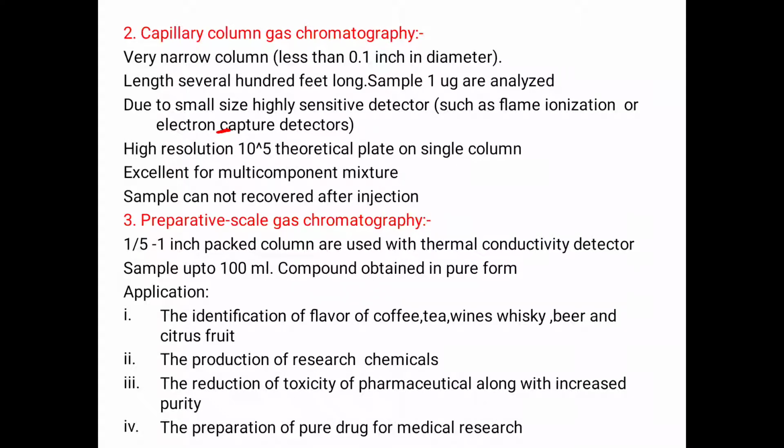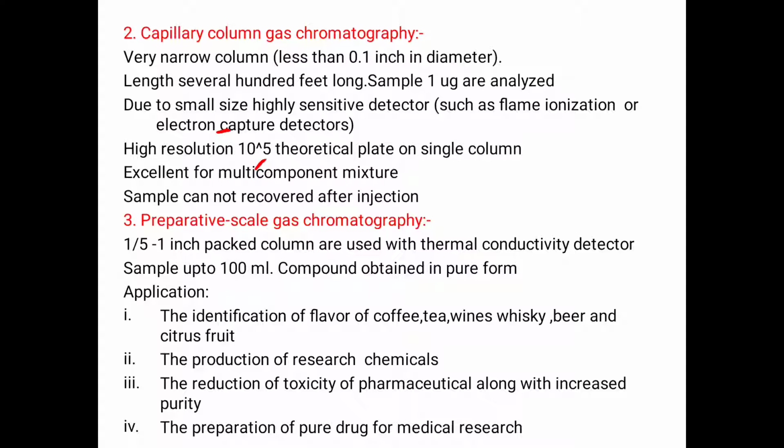The method is capable of high resolution, up to 10^5 theoretical plates on a single column. So it is excellent for the separation of multi-component mixtures. The sample cannot be recovered after injection, meaning once the sample is injected, it is lost during the process.